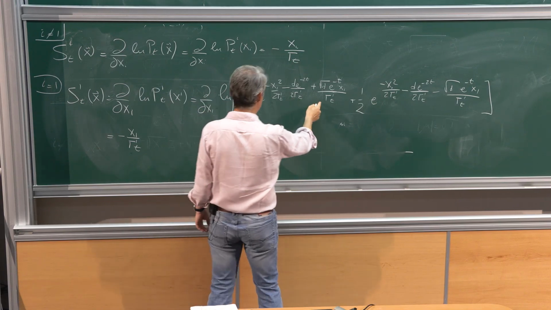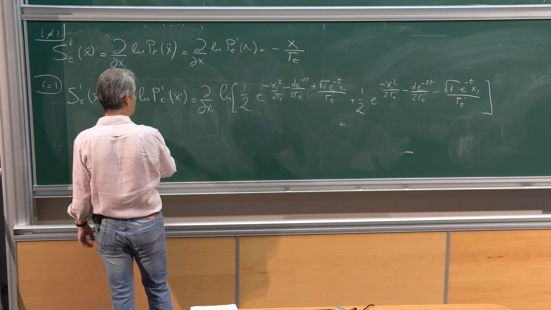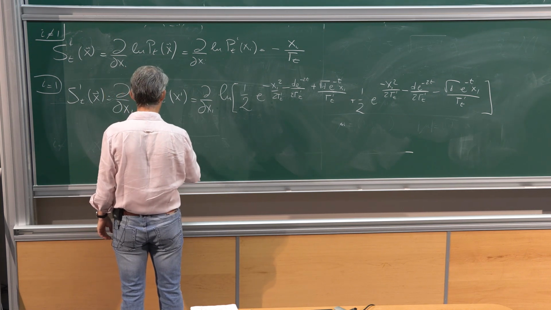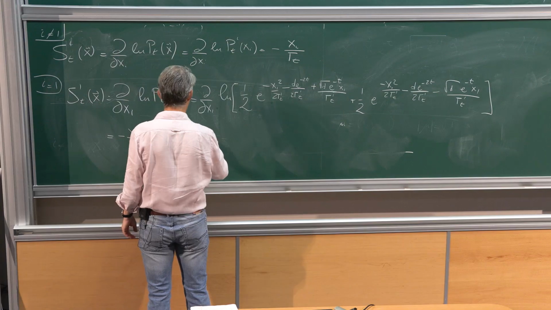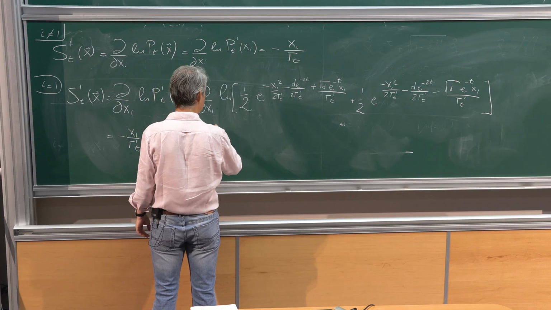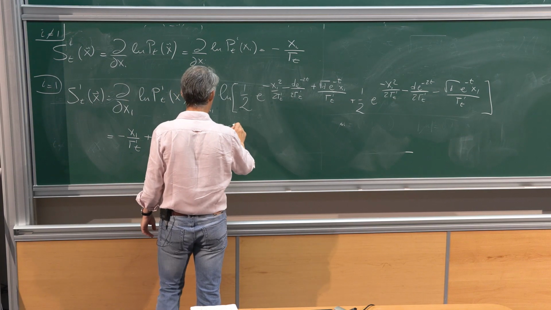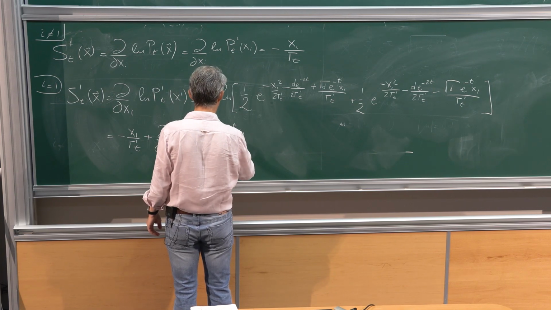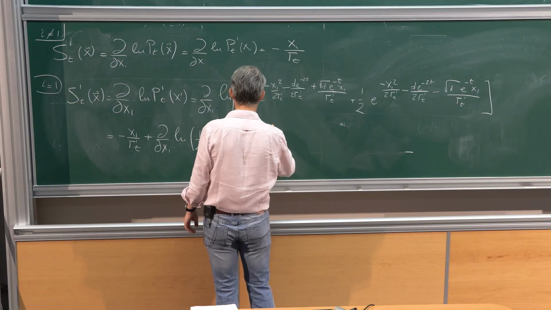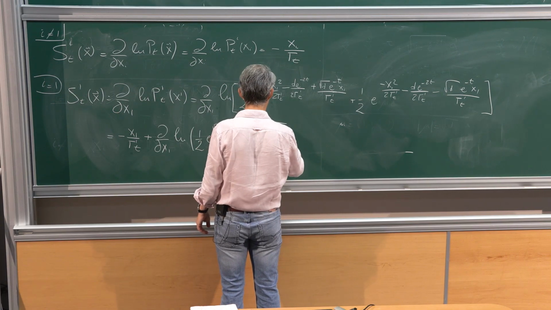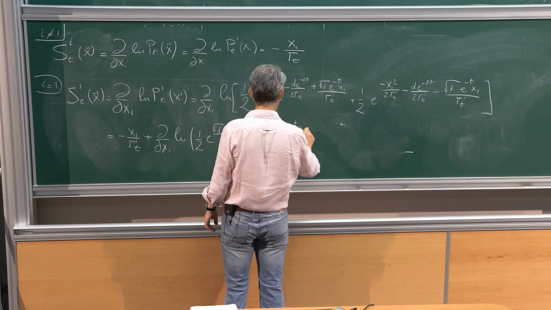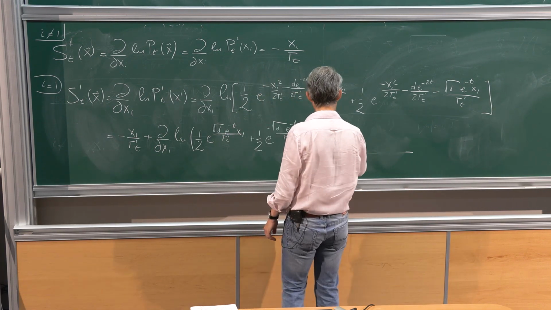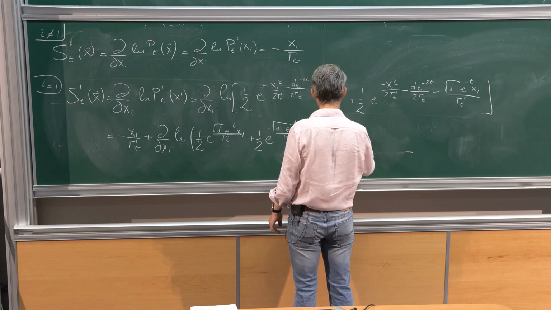Then I remain with a term which is plus the derivative with respect to x1 of log of 1/2 exponential of square root of d exponential minus t x1 over gamma 1t plus 1/2 exponential of minus square root of d exponential minus t x1 over gamma 1t, which I can rewrite in a way that I like a little bit more.